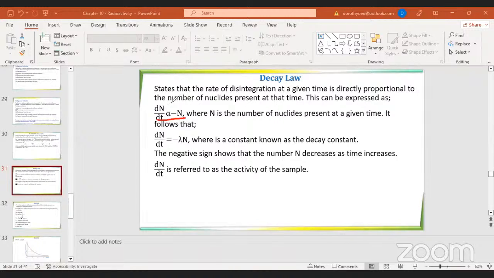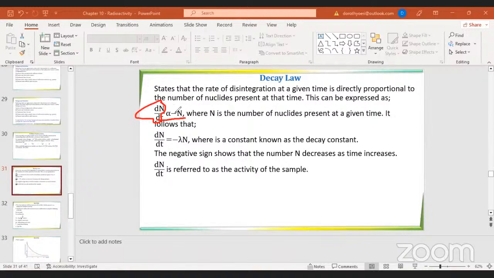The first part, this one here, is talking about the rate of disintegration, which is directly proportional to the number of nuclides present.